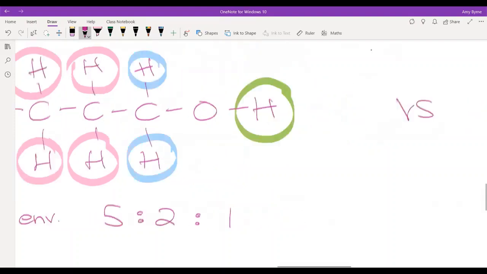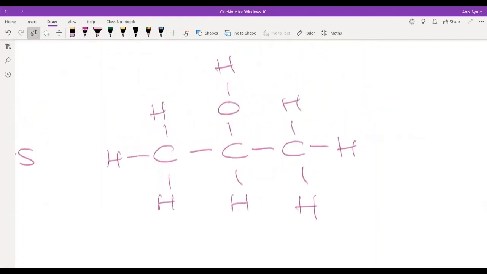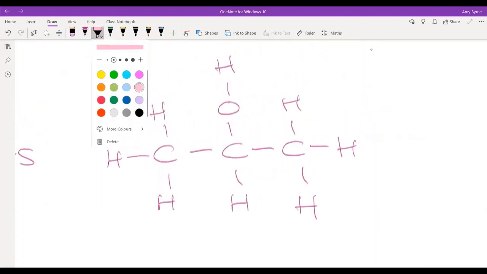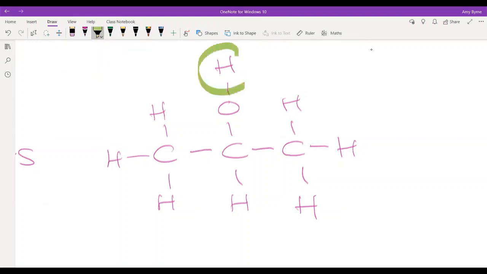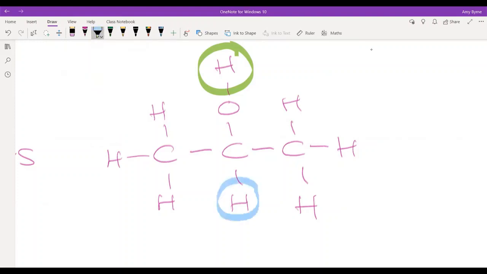Let's now look at propan-2-ol. Let me rescale slightly. So we've still got hydrogen environment 1, the hydrogen in my hydroxyl group. I then have hydrogen environment 2, which is my hydrogen that's linked to my carbon that's bonded to the oxygen.